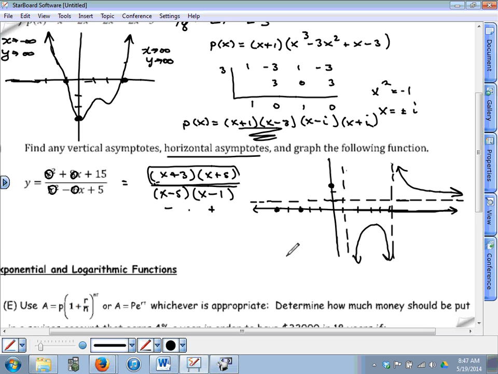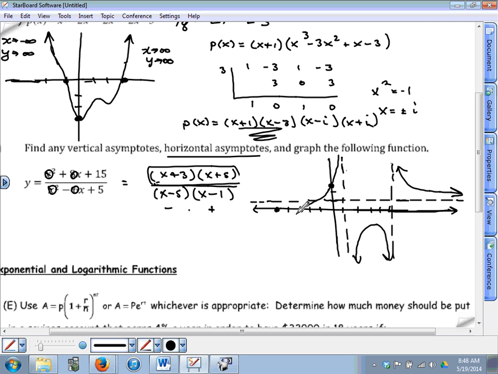Is it going to slip through one of the dotted line cracks? Okay, you guys, yes or no, can a graph cross through a vertical asymptote? No. Yes or no, can a graph cross through a horizontal asymptote? Yeah, it can. So the graph has to be coming through like this. Where does it go from here? Doesn't it have to eventually cross through this?